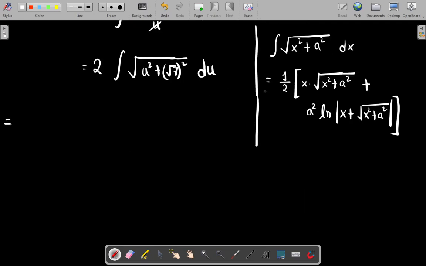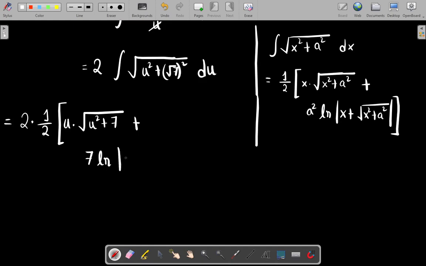So if I use this formula on the right hand side, this becomes 2 times half, and x will be u here, so this is u times square root of u square plus a square, which will become u square plus 7, plus a square, which is just 7, times log of u plus square root of u square plus 7, and since it is log here, I'm taking the absolute value, plus c.